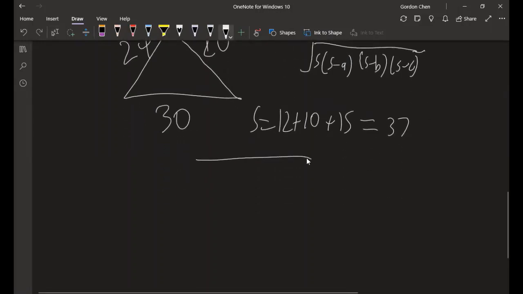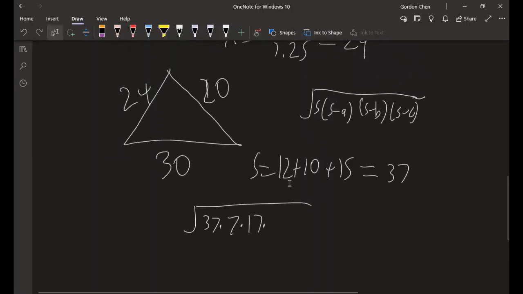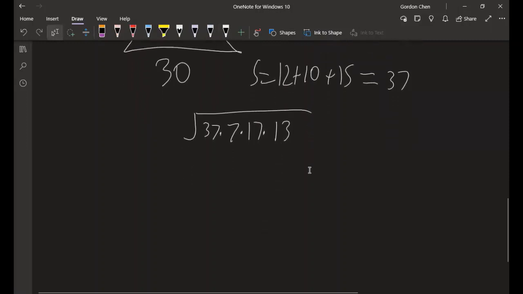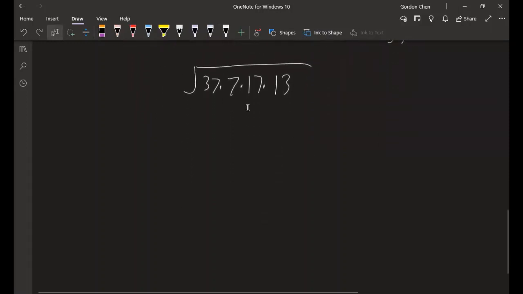So the answer is the square root of 37 times (37 minus 30) times (37 minus 20) times (37 minus 24). And that's the answer.